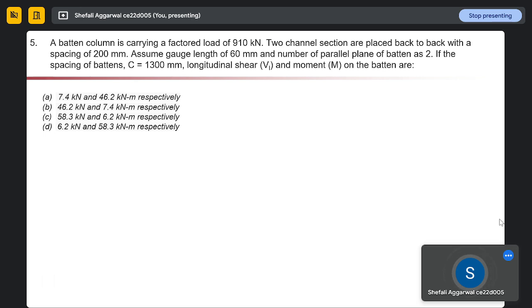Anybody who got any answer? See the step by step. So first thing, we are calculating the transverse shear, which is simple 2.5% of our axial load.